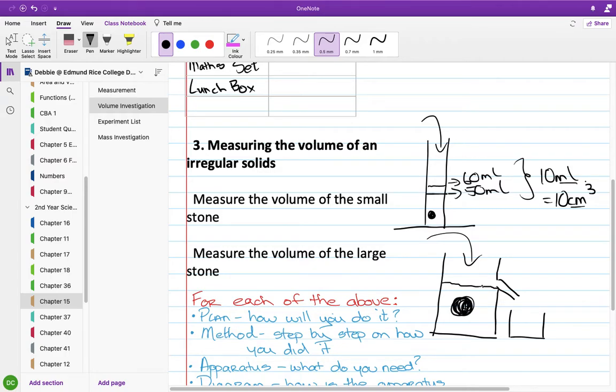What happens is that causes the water to rise and the water flows off into your beaker, and then from there you can get the volume. So the volume of water that this stone displaces or moves is equal to the volume of the stone itself. Okay, so that was just a quick explanation.